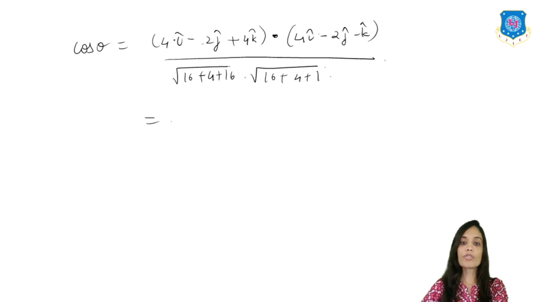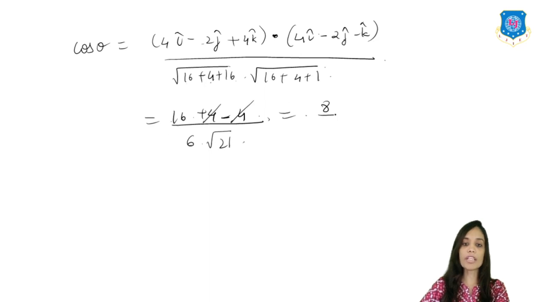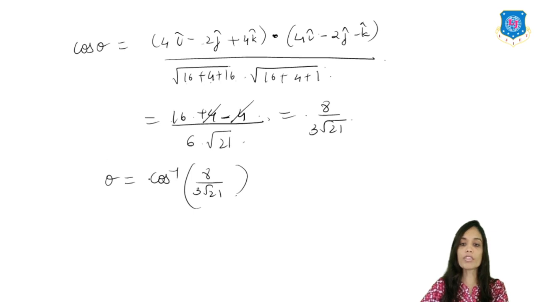So if I do the dot product, the answer will be 16 plus 4 minus 4 upon the square root of 36 and square root of 21. Square root of 36 will be 6 and here it will come square root 21. We can cancel these common factors, so it will be finally 8 upon 3 root 21. So the answer of theta will be cos inverse of 8 upon 3 root 21. So this is the angle between the two surfaces.